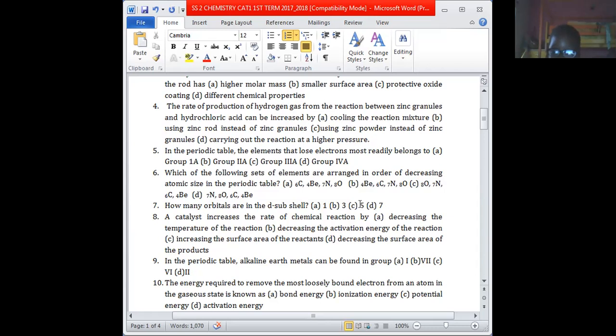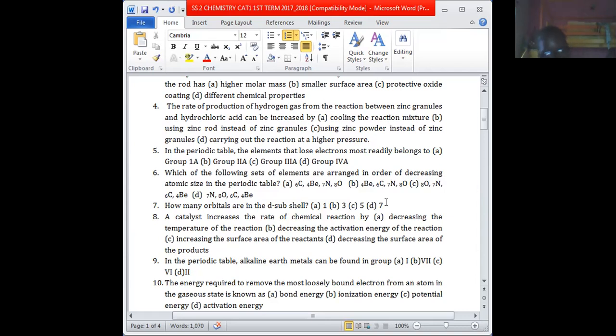How many orbitals are in the d subshell? C. Sorry? C. 5, correct. Number 8. A catalyst increases the rate of chemical reaction by B. Decreasing the activation energy, correct. Okay. Number 9.